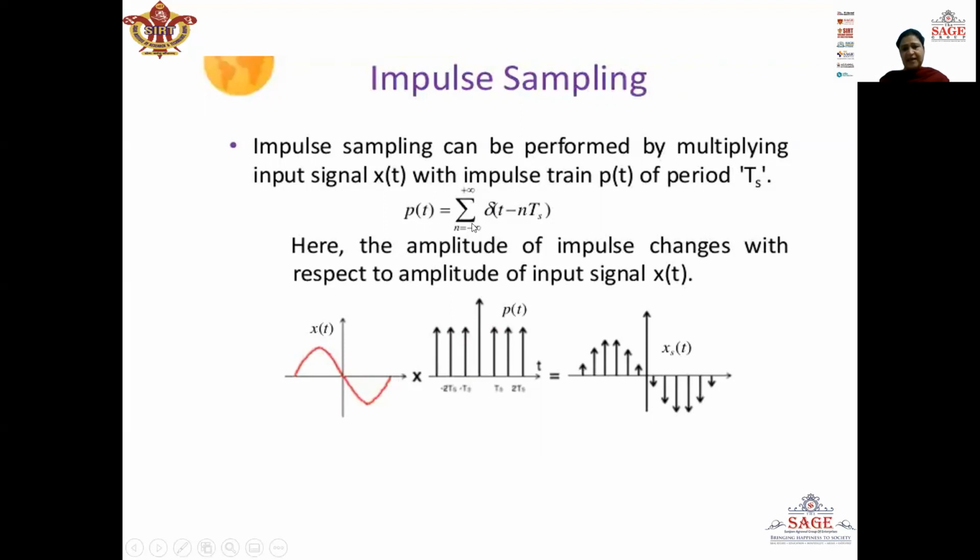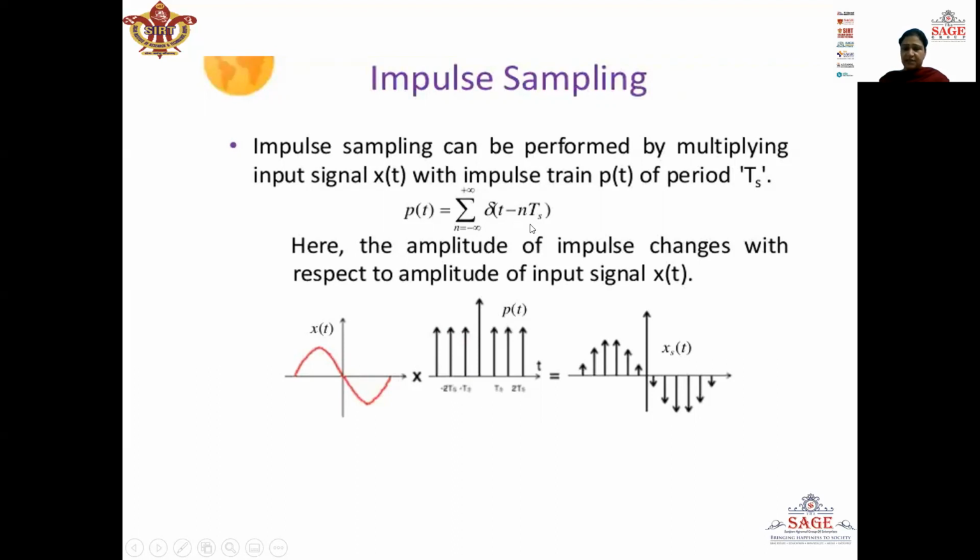Now, if I take n equal to 0, I get only delta(t), which is an impulse located at t equal to 0. If I take n equal to 1, I get delta(t - Ts). That means the impulse is shifted to position Ts. So we get an impulse at Ts.